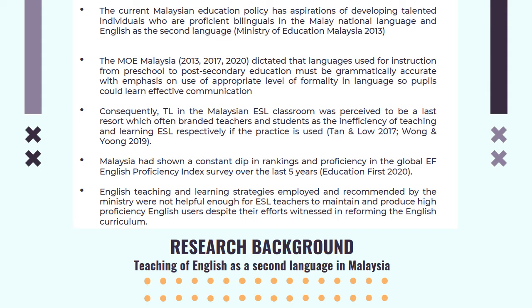English teaching and learning strategies employed and recommended by the ministry were not helpful enough for ESL teachers to maintain and produce high proficiency English users, despite their efforts witnessed in reforming the English curriculum.